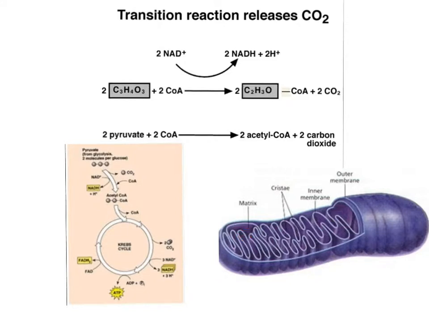So the 2 3-carbon pyruvic acids will need to move from the cytosol area into the matrix section of the mitochondria. And as they move, they will join with a coenzyme, and they will lose a CO2 molecule each.